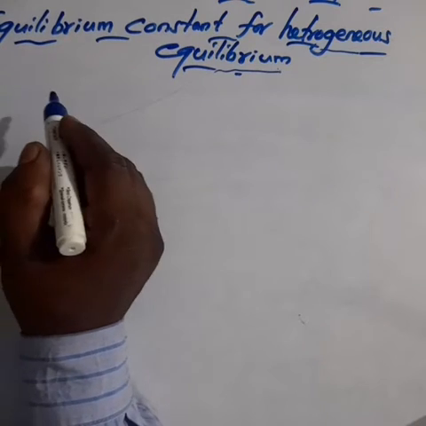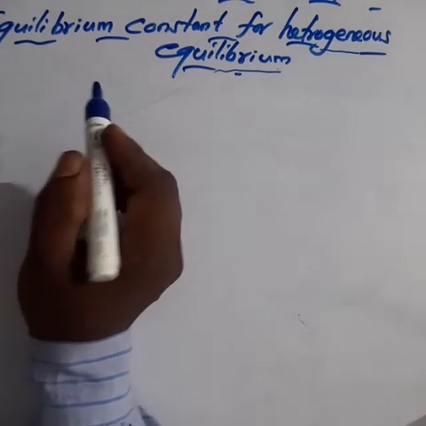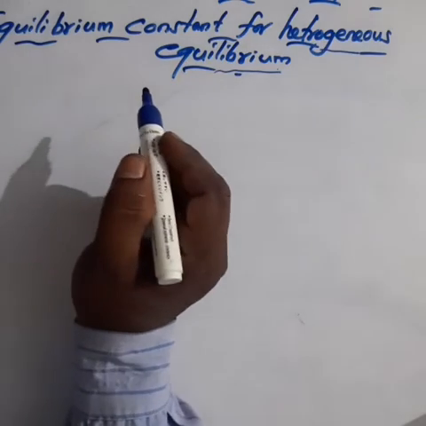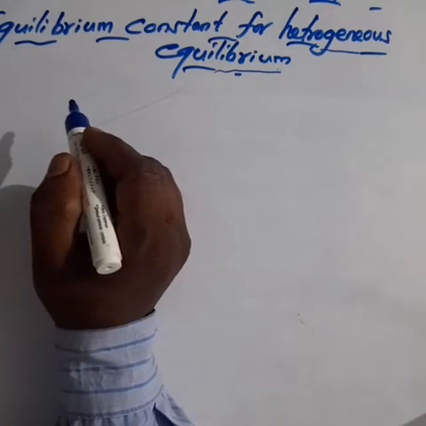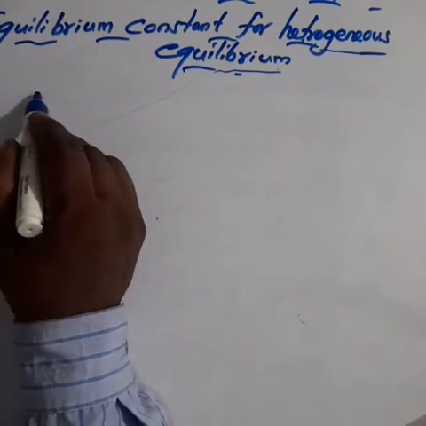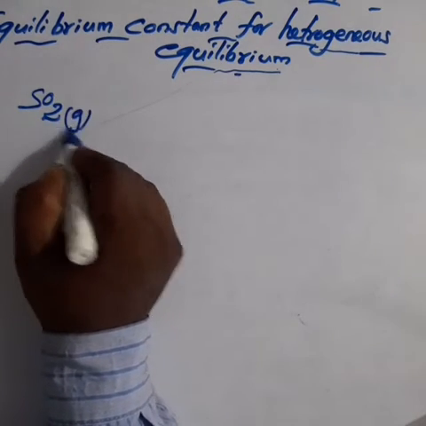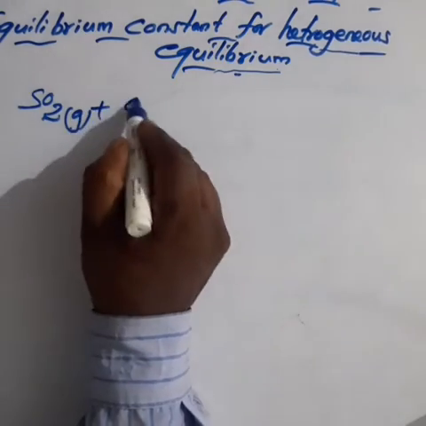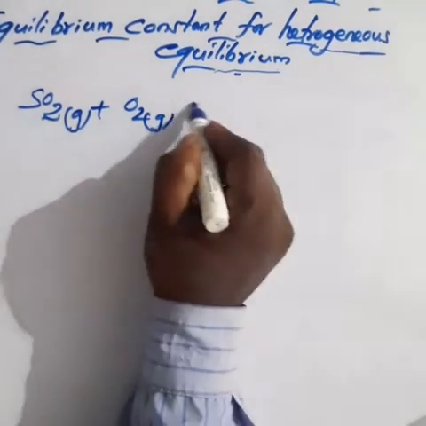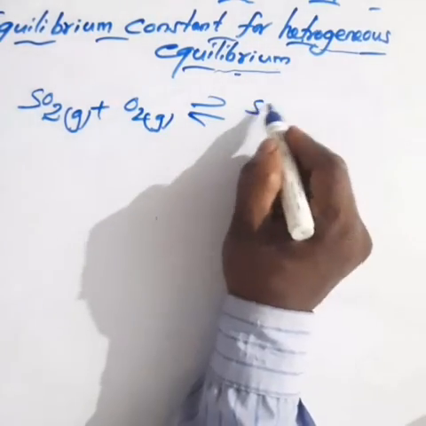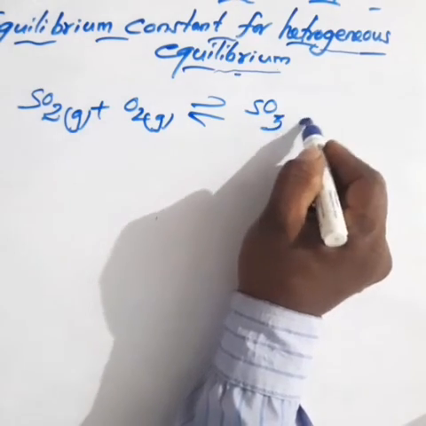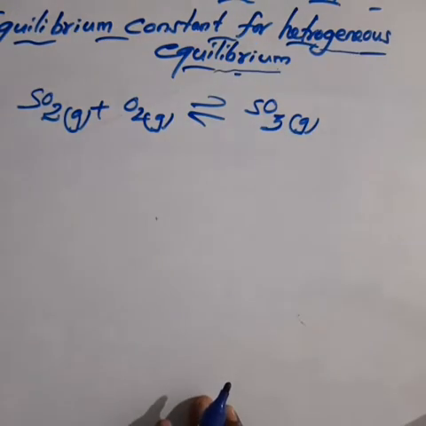Write the Kp and Kc for some reactions. First I am writing the reaction. Number 1: SO2 gas plus O2 gas gives, with both forward and backward reaction, SO3 gas.